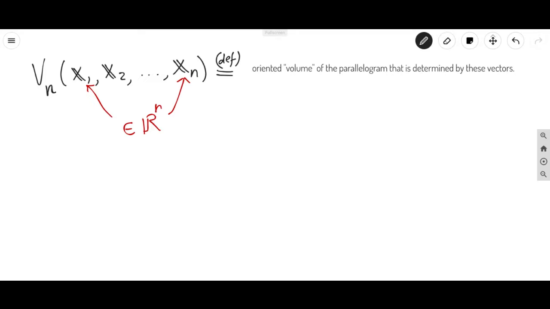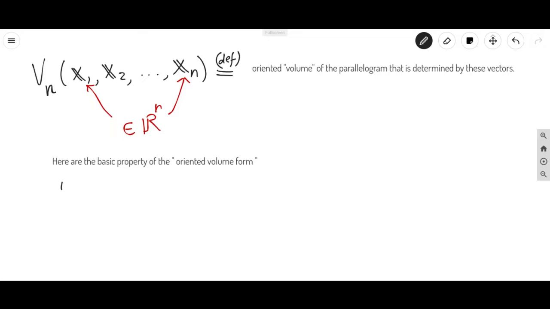And we mentioned some properties. So here are the basic properties of this. This is called the oriented volume form.